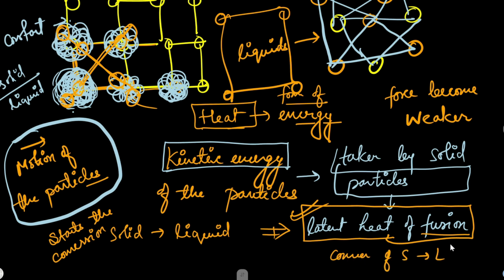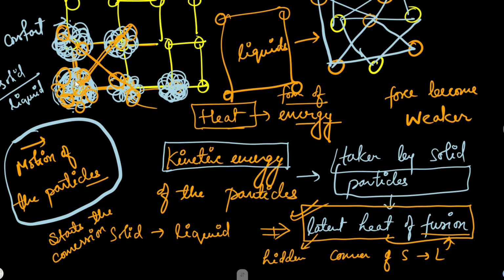That's why latent heat; latent means hidden. Why hidden? Because this particular heat is not converting a solid into a liquid. It is only a hidden heat, which only starts the particles moving haphazardly in their own position.